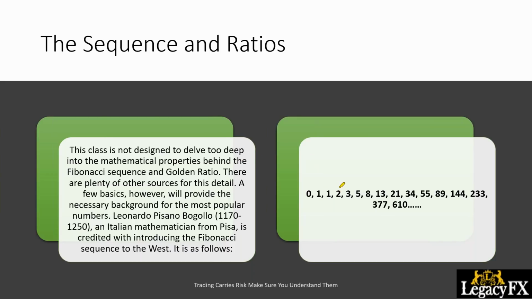Now, what we have is 0 plus 1 gives us 1. 1 plus 1 gives us 2. 1 plus 2 gives us 3. 2 plus 3 gives us 5. 3 plus 5 gives us 8.